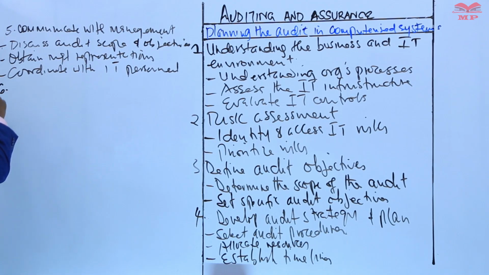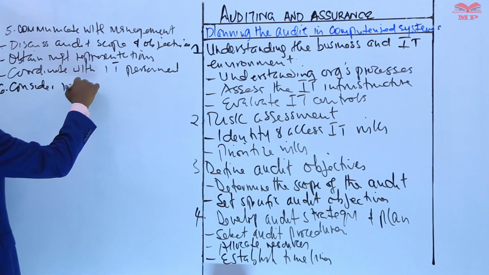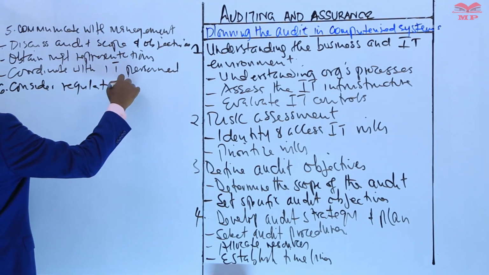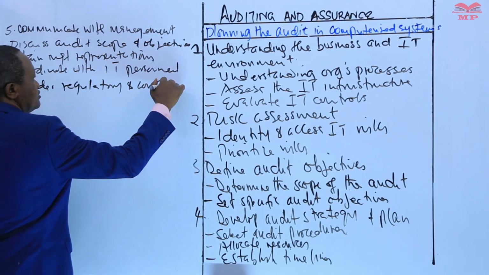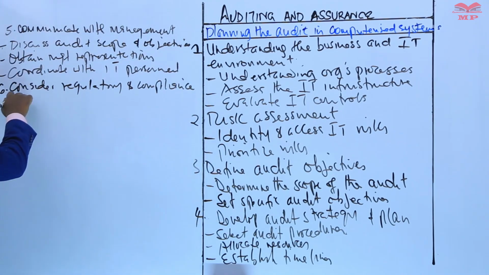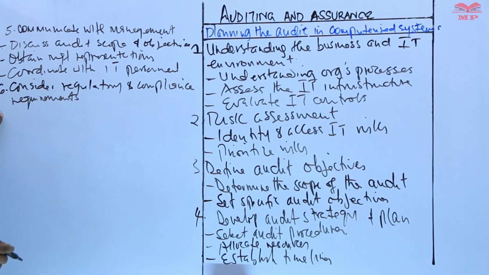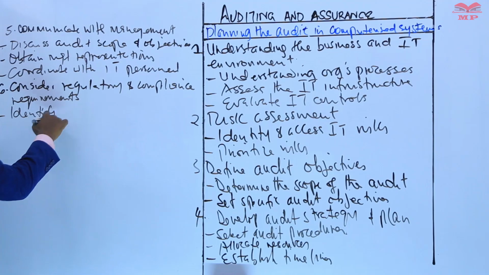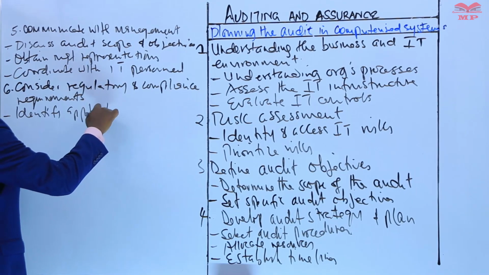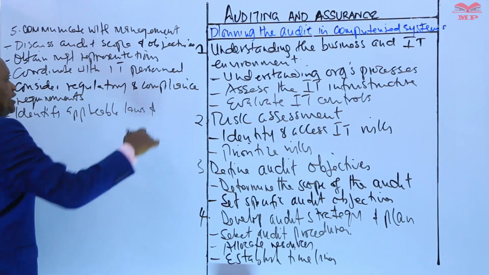The sixth step in planning the audit in a computerized environment is to consider regulatory and compliance requirements. The auditor should consider regulatory and compliance requirements, like identifying applicable laws and regulations.